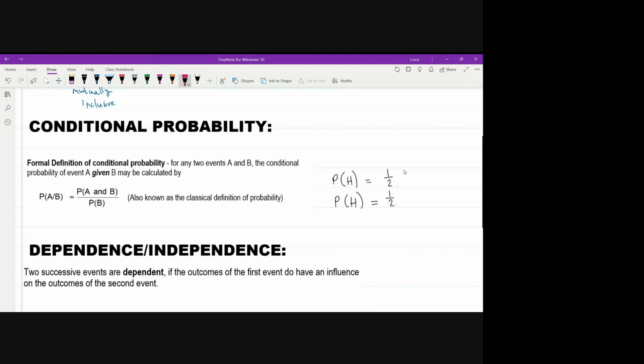And we call these two events independent events because they happen completely devoid of the other. If the other one doesn't happen, it doesn't matter. It won't affect what happens next.